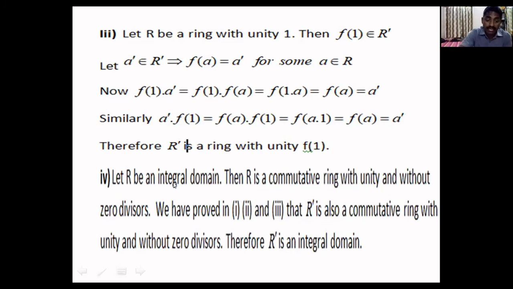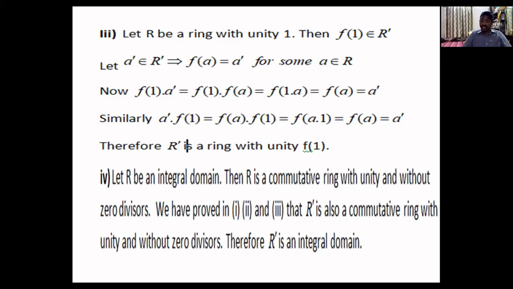Next proof. Here, if R is an integral domain, then R dash is also an integral domain. That means if R is an integral domain, then we have to prove that R dash is also an integral domain. Already you know the definition of integral domain. An integral domain is a commutative ring with unity which has no zero divisors.